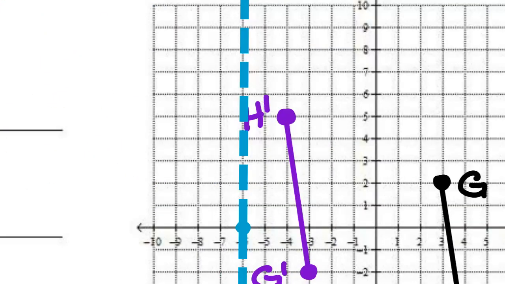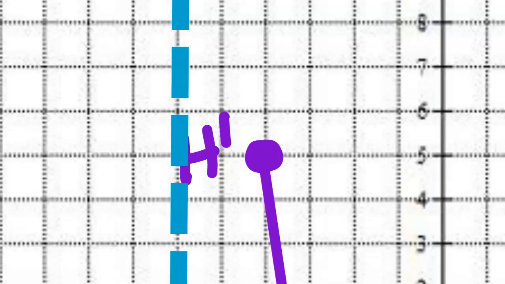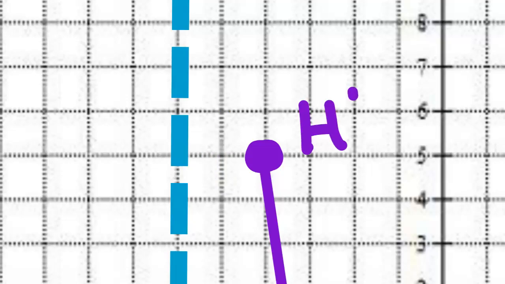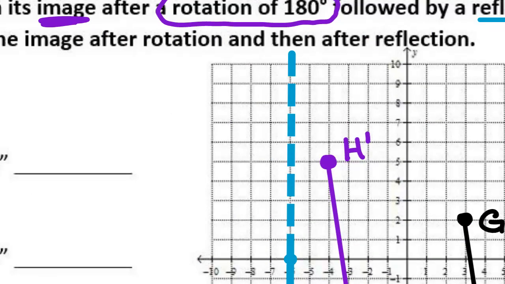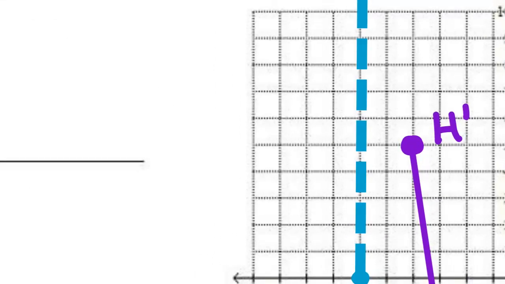All right, now from here, we need to figure out how far this purple line segment is from that line. So H prime is 1, 2 away. So I go 1, 2 on the other side to get my mirror image. There's my H prime.